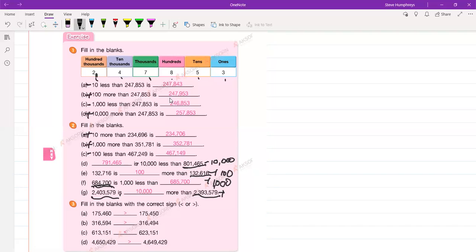So it's going to be plus how many? One way of doing it, you could subtract 2,393,000.